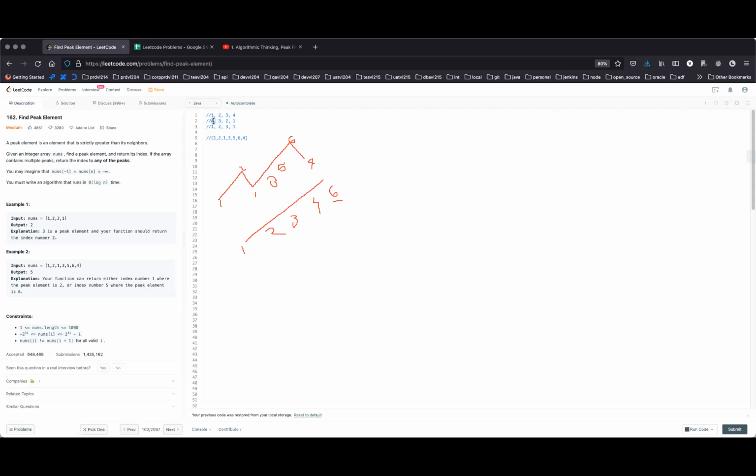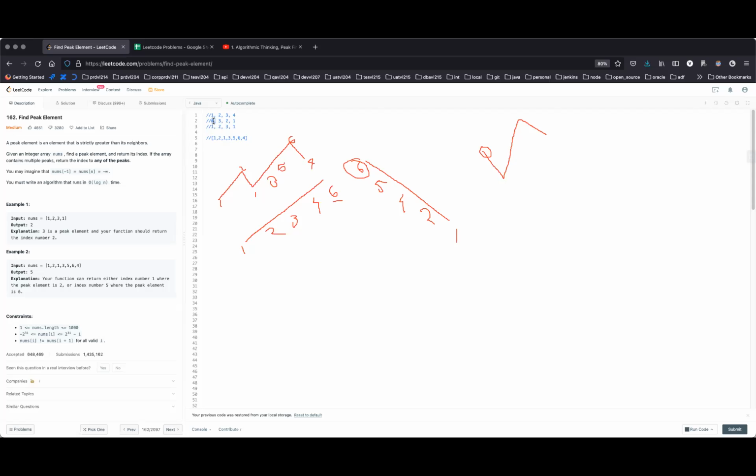So this question pretty much asks to return any peak, right? If you have something like that, for example, we saw a peak right there, so we return this. So it could be something like that, and you could still return this as a peak according to the question.